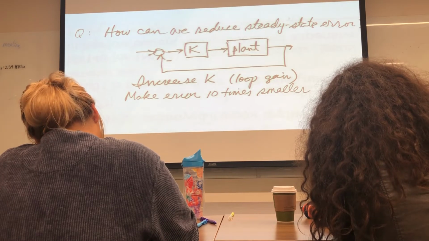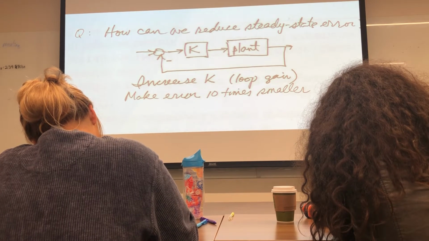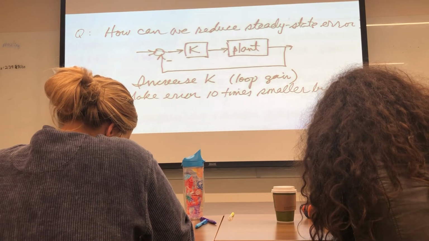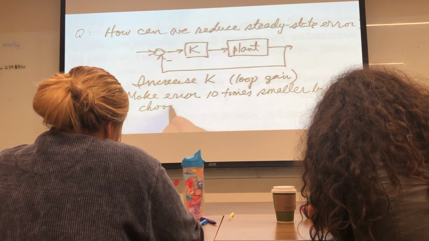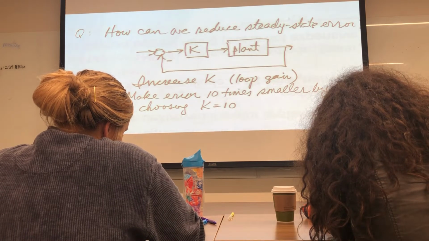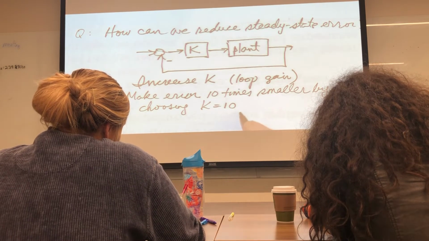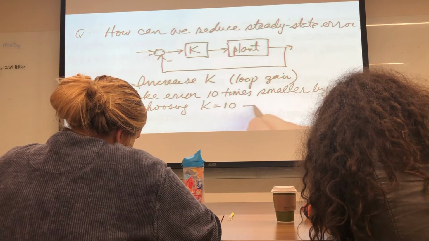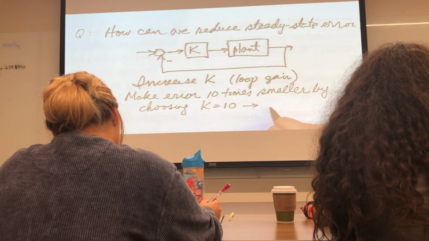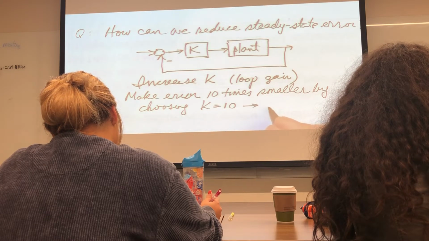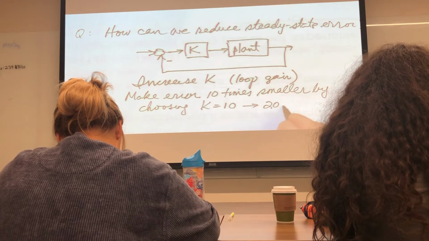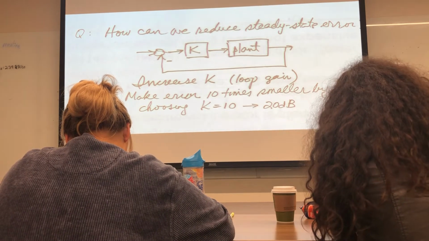Instead of 1 over 11, we can make it 1 over 100 or 1 over 110. Make the error 10 times smaller by choosing K equal to 10. K equal to 10 is what in dB? What value is this in dB? Let's see, log of 10 is 1 times 20, that's 20 dB.